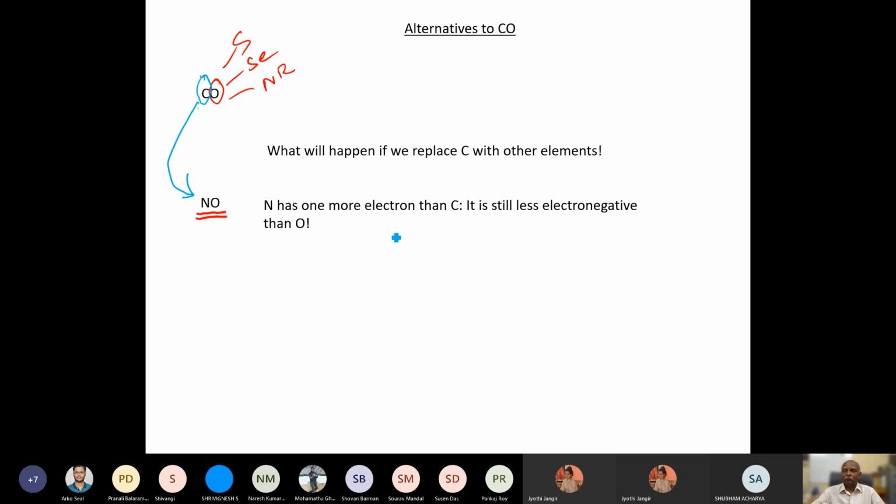One more electron will be there on the molecule compared to carbon monoxide. So NO would be isoelectronic to CO minus, which means there will be one electron in the pi star orbital of nitric oxide.